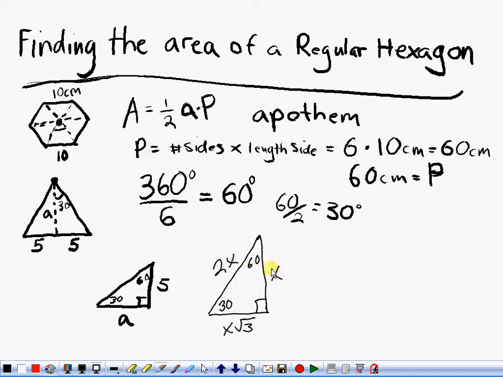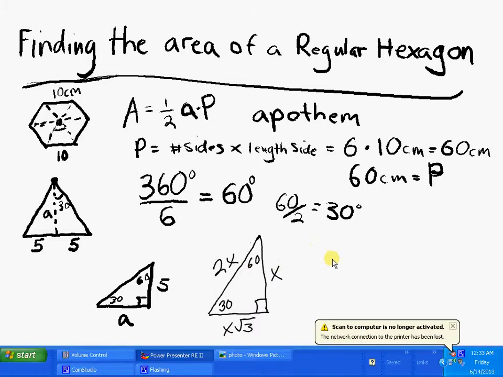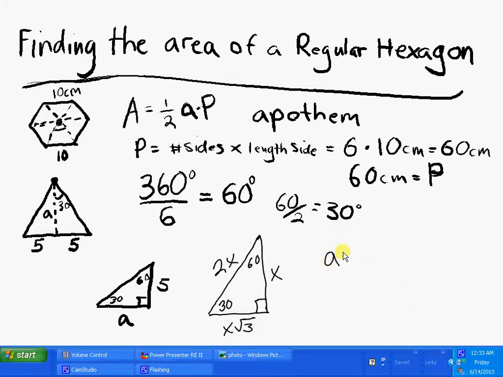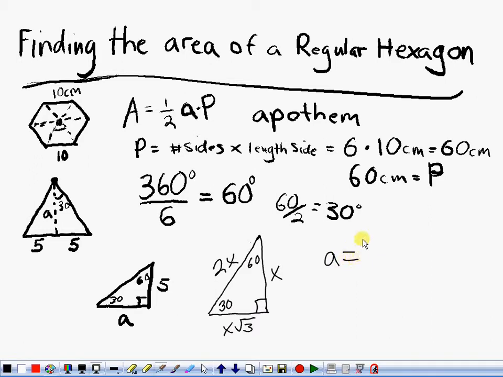All you have to do is multiply √3 times this side. So A is equal to 5 times √3, so A is equal to 5√3, and now we can sum it all up.